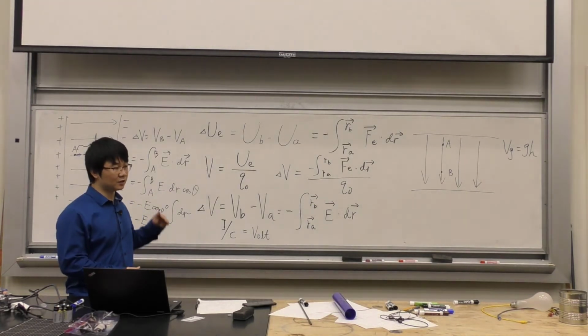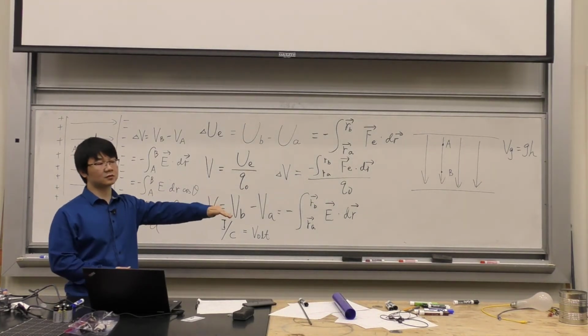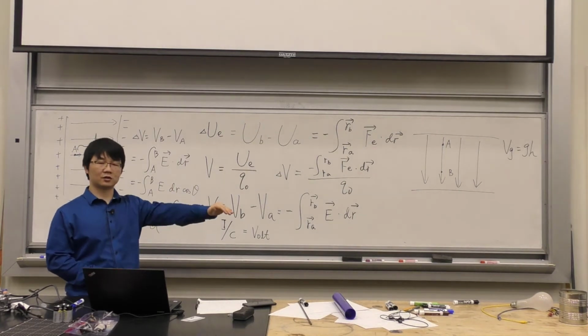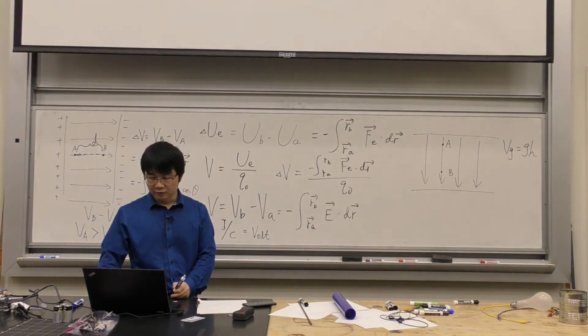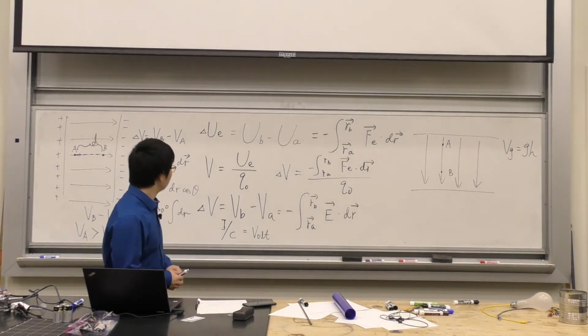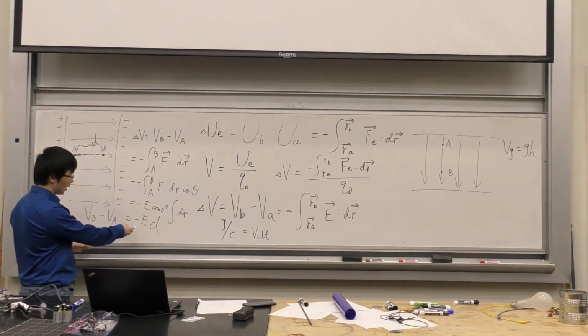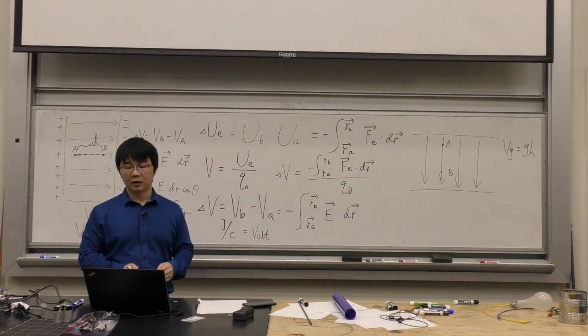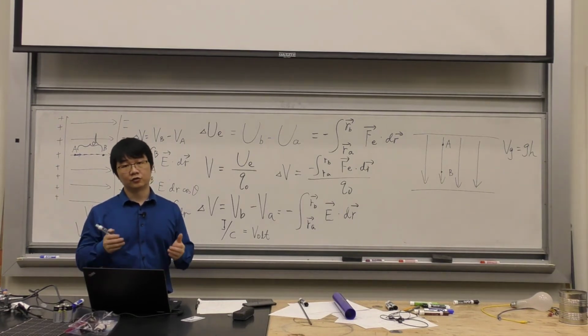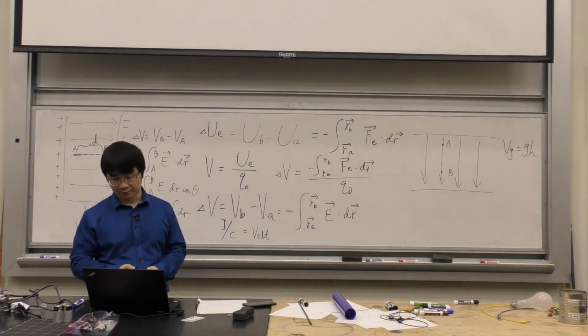If I know the potential goes down in that direction, electric field must be in that direction, not in the opposite direction. So this is a very useful conclusion. And this is what we just derived: if there are 2 points and the displacement between them is parallel to the electric field lines, you just do E times d with a negative sign.